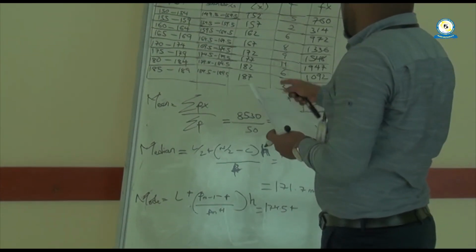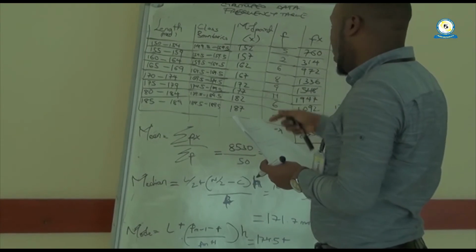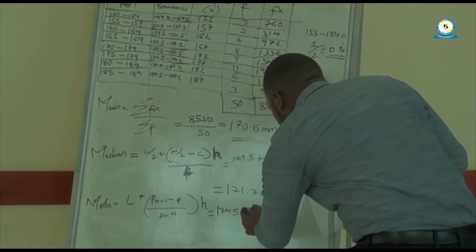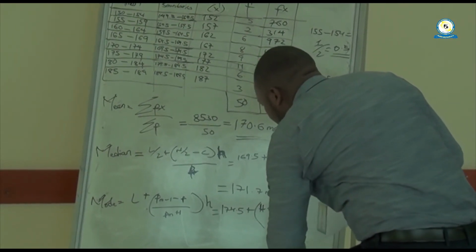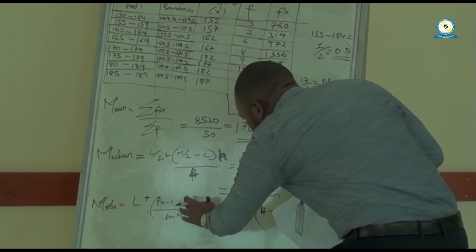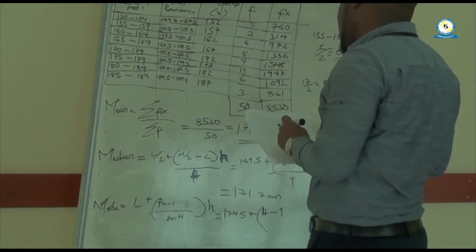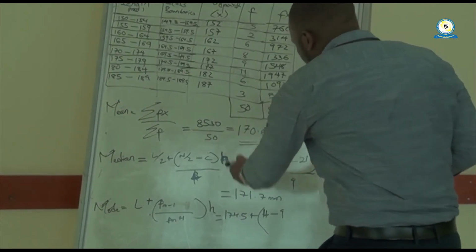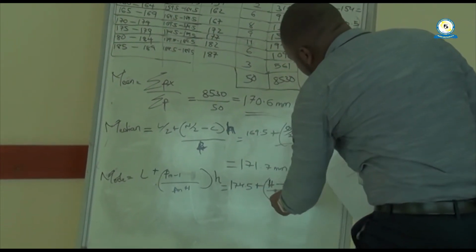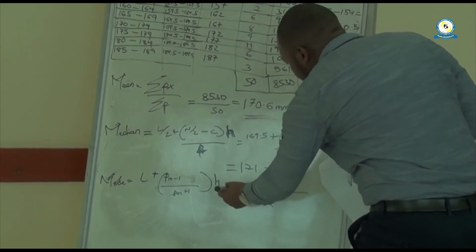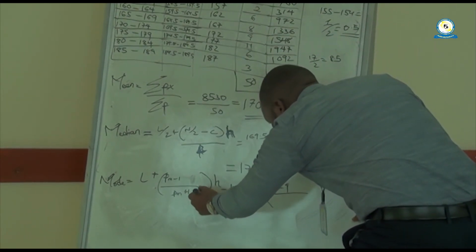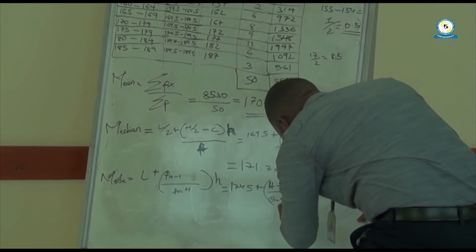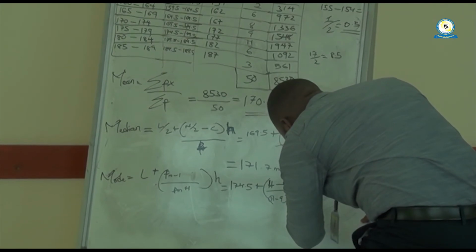Then the frequency minus the frequency below: you take 11 minus 9, in the numerator. Then in the denominator, what you plug in is the frequency below and the frequency above: 11 minus 9 plus 11 minus 6.